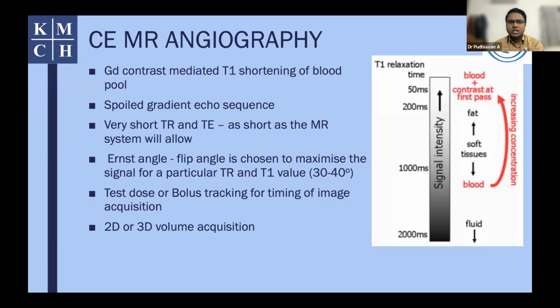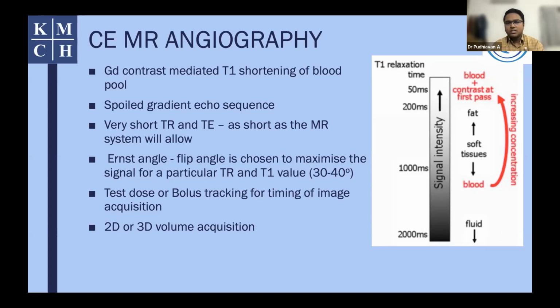The MR angiography can be triggered by two methods. One is the test bolus method or bolus tracking. In test bolus, you just inject a small amount of contrast and run a short spoiled gradient echo sequence to determine the time it takes for the gadolinium to reach the heart and start imaging with that time delay when you are giving the actual contrast.